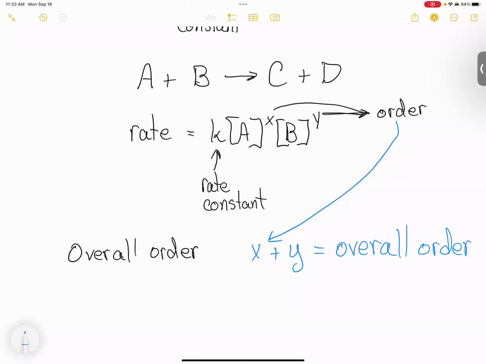So the rate of our reaction is equal to the rate constant for that reaction times the reactants' collisions. If those reactants do not collide, you're not going to have a reaction.